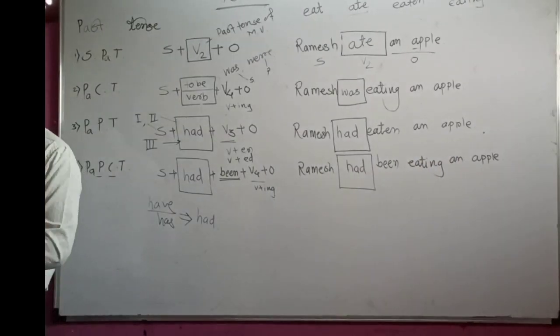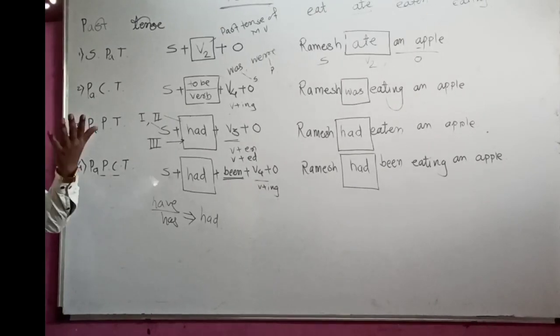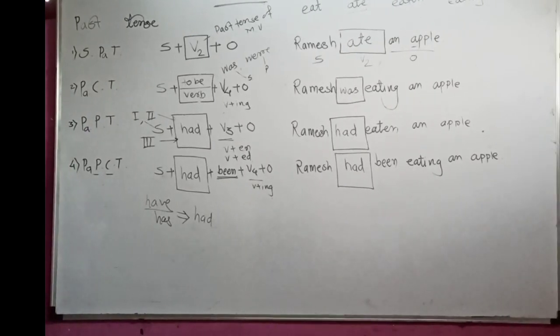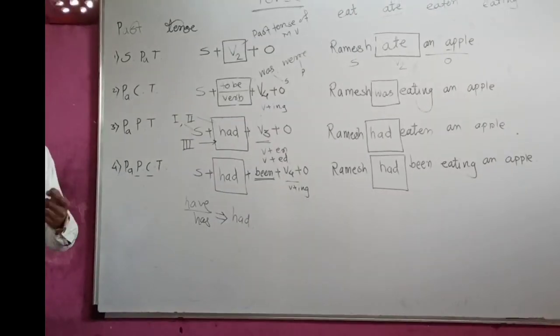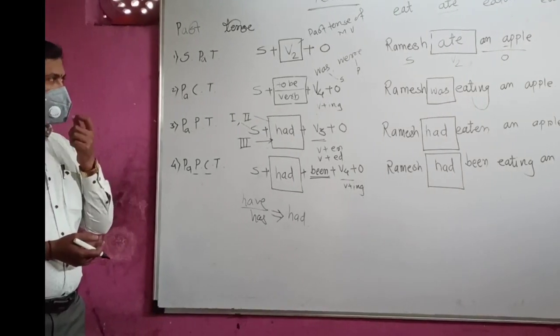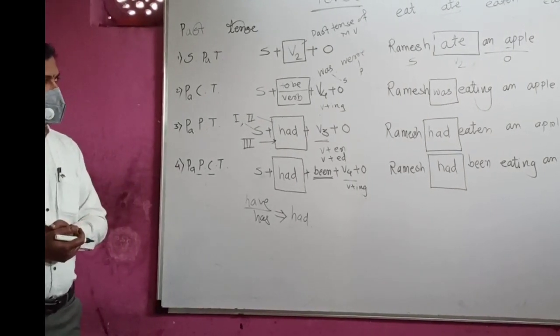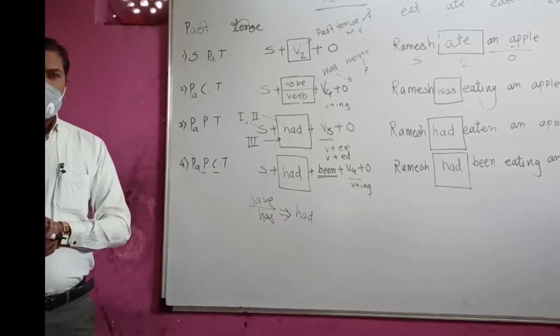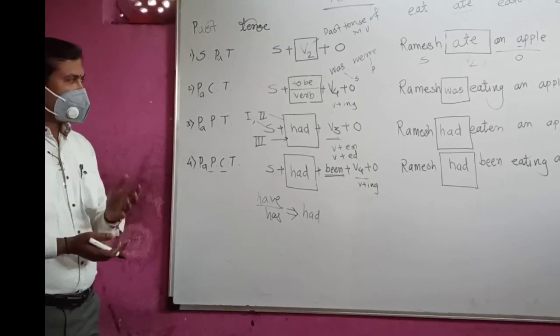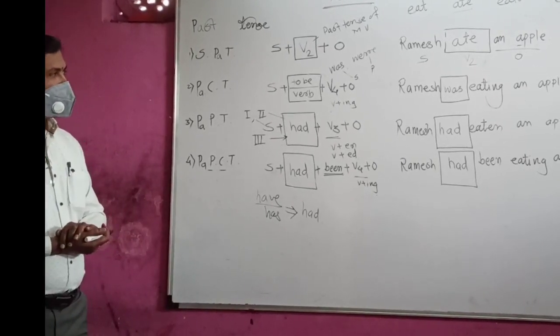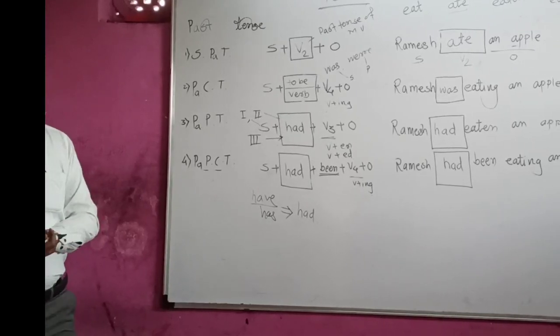So, dear friends, when we are speaking with another person or when we are writing any letter or novel or essay, whenever we are writing or speaking anything in the English language, we should use the tenses.